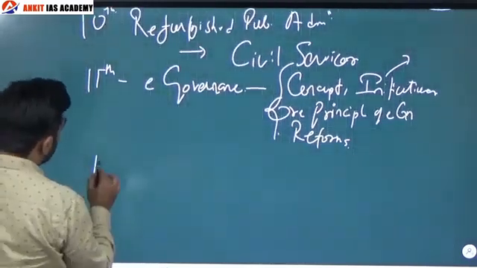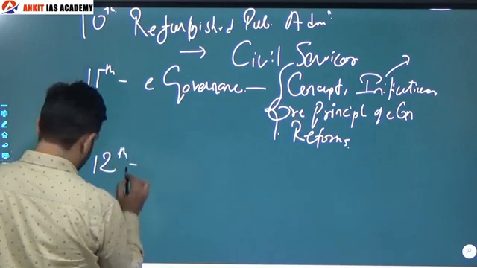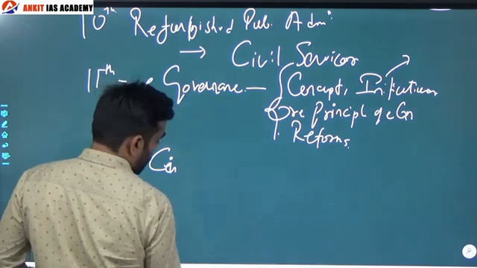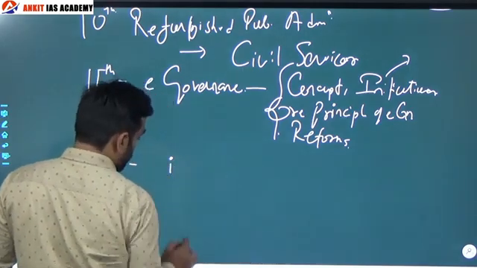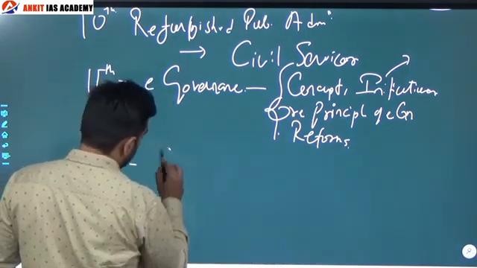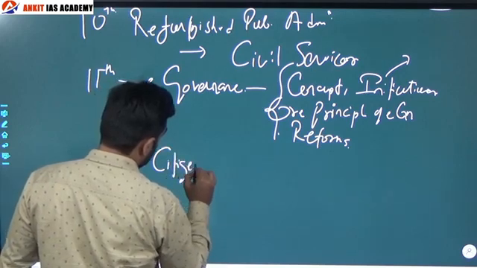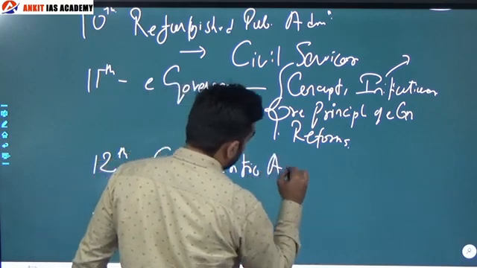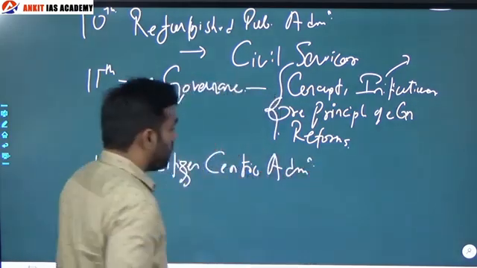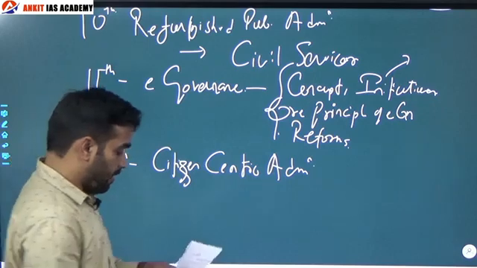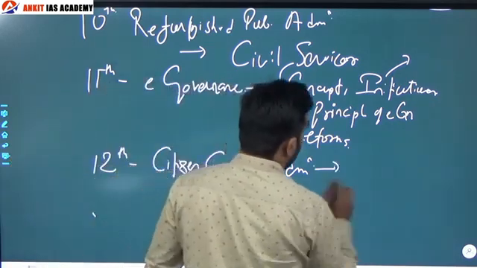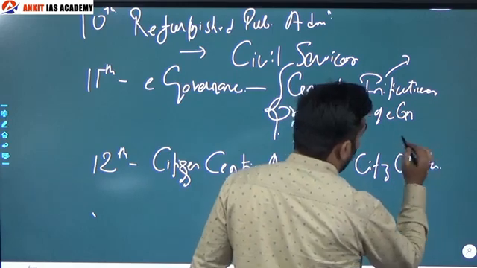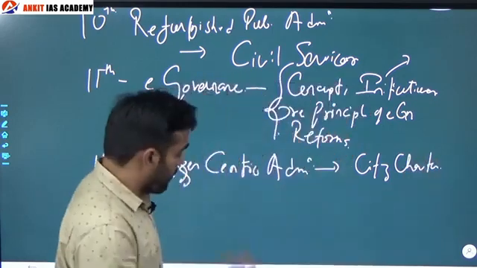Then the last report that is important is 12th report. This is citizen centric administration. Fine. Citizen centric administration. In this you will learn about citizen charters, a topic from your social justice governance part.